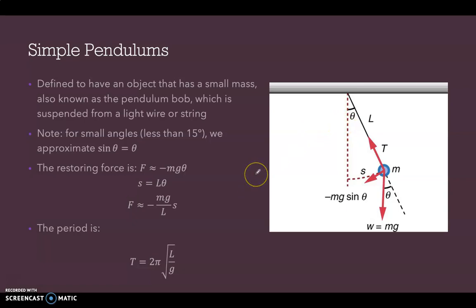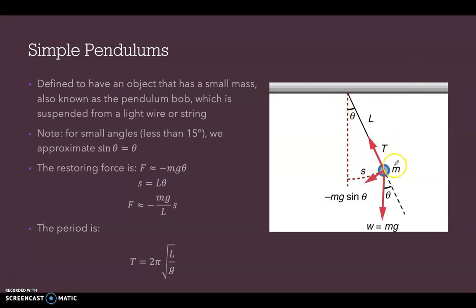With that, we also can define what a simple pendulum is. It is defined as an object that has some mass, suspended from a wire or a string, and this mass is known as the pendulum bob.